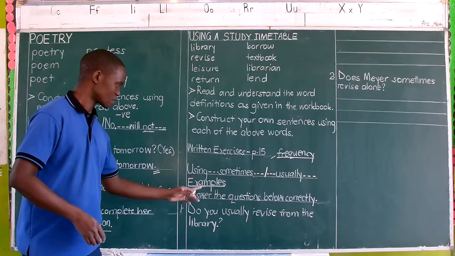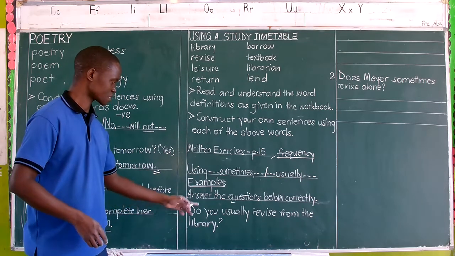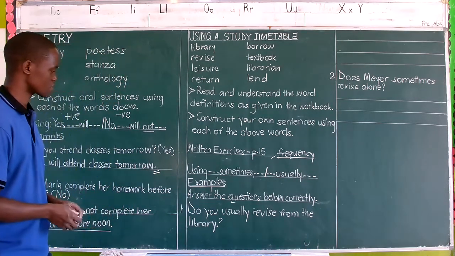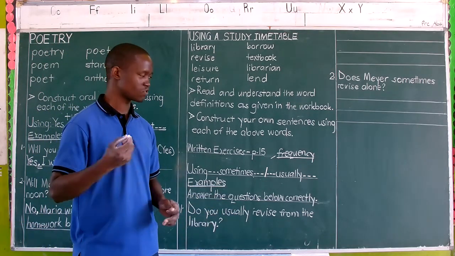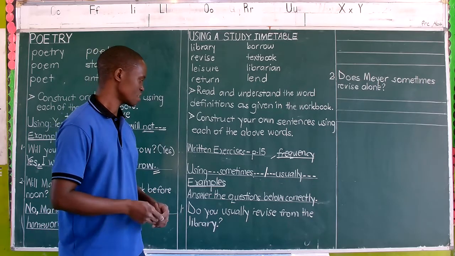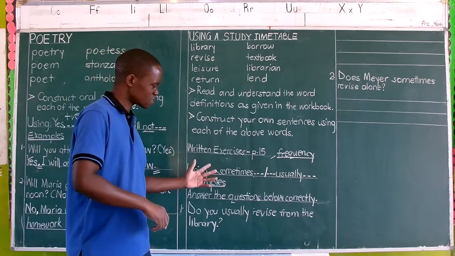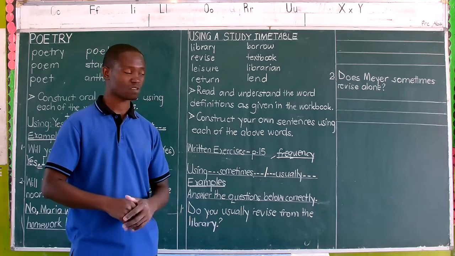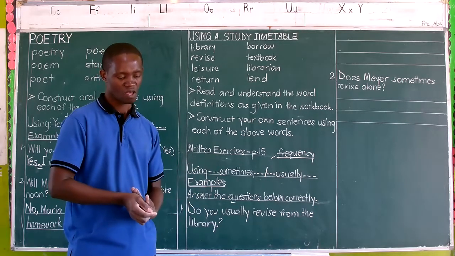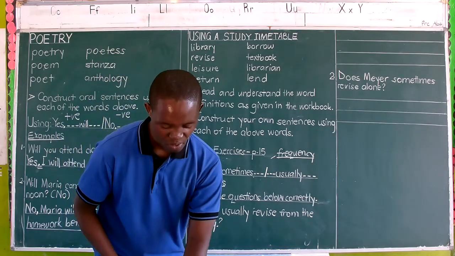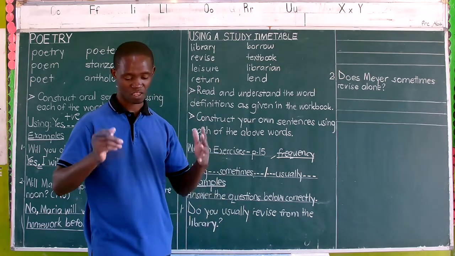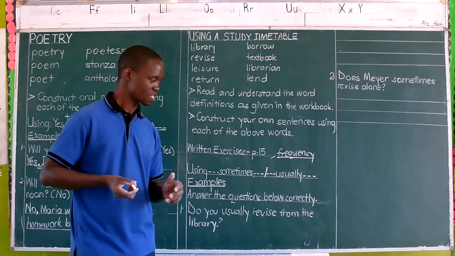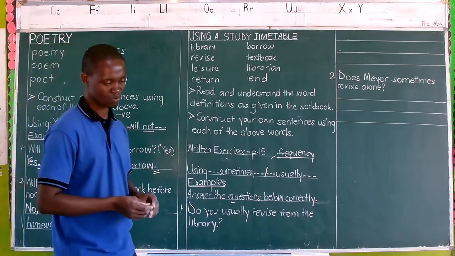Using these structures, answer the questions below correctly. Do you usually revise from the library? You can use either yes or no, because my instructions are not limiting you. However, in the workbook, you'll be limited. They have already shown you which words to use. Either yes or no.